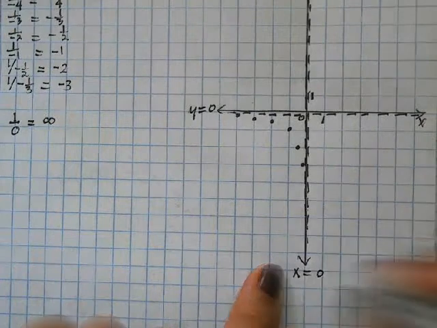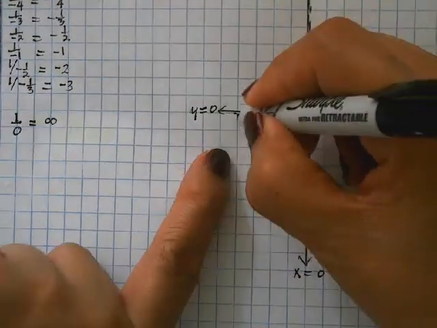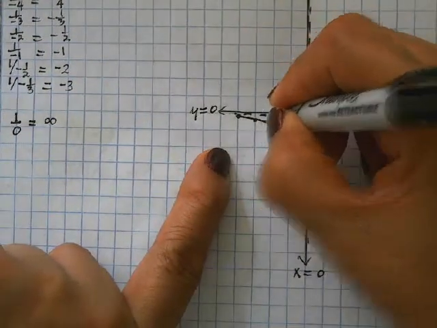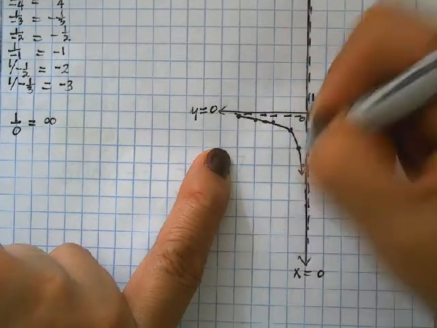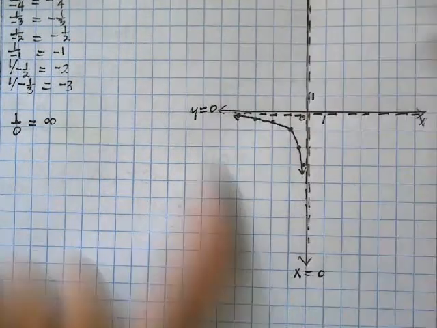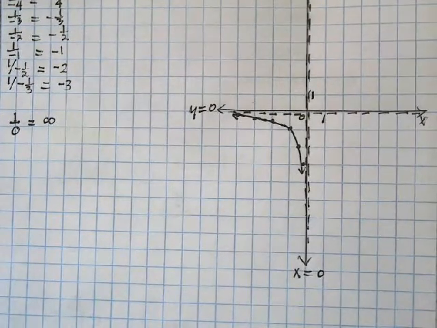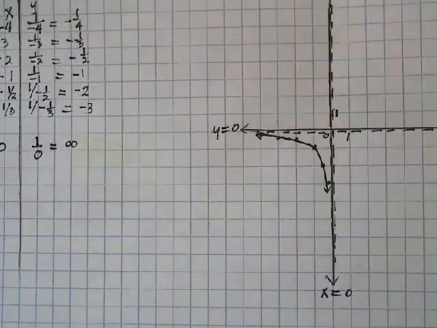Okay, and the graph will approach your asymptote closer and closer, but never touching it, okay? So that is one part of it.